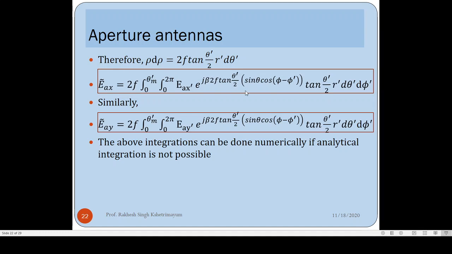So you can do this 2D integration and find out the 2D Fourier transform of the X component of the aperture field. Similarly, you can also do it for the Y component of the electric field. And for a simple feed, you have the electric field of a simple feed antenna. You can do this 2D Fourier transform. But let's say if you have a very complicated feed antenna, then you can even do numerical integration.